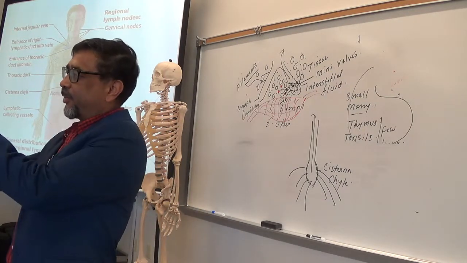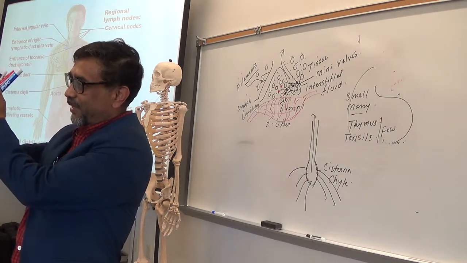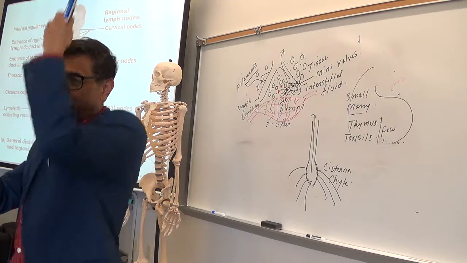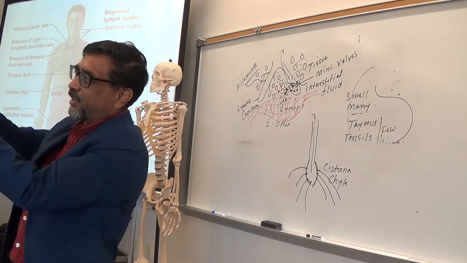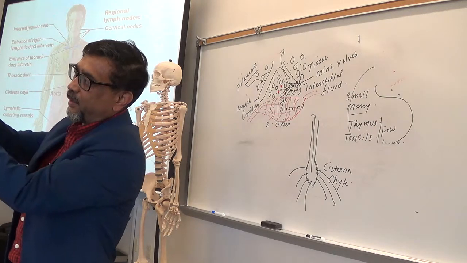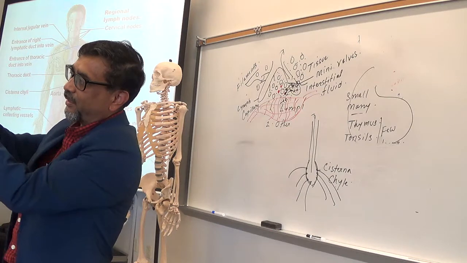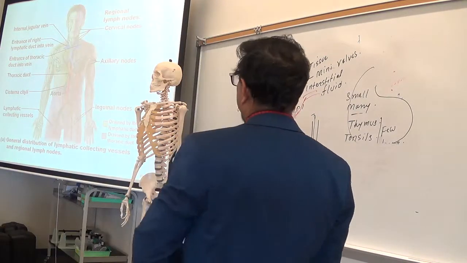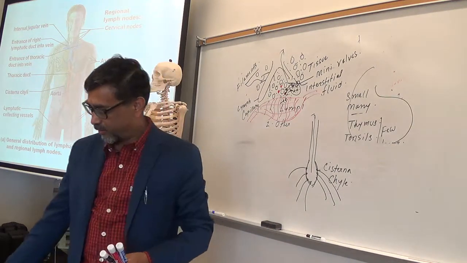This is the subclavian vein and this is the internal jugular vein. You must remember the brachiocephalic vein, right? It divides into two. Internal jugular going towards the head, and subclavian under the clavicle. So just where the subclavian vein begins, the ducts enter there.